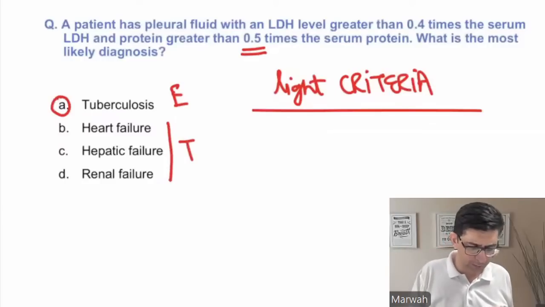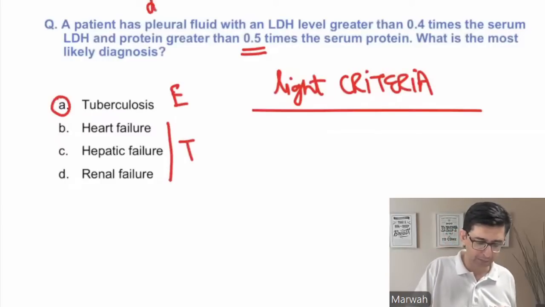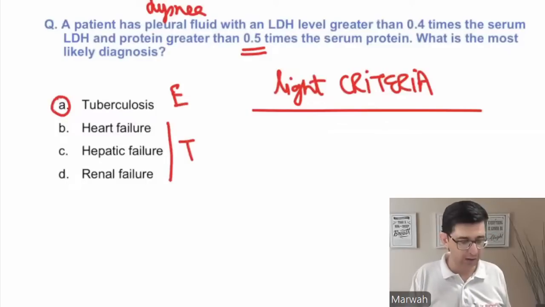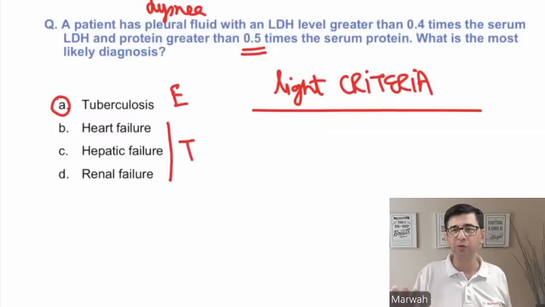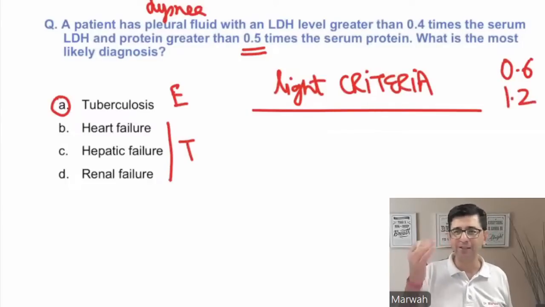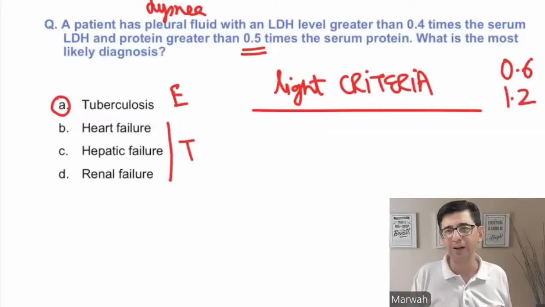0.6 and 1.2. Patient was having dyspnea. Shiv, can you clarify that 1.2, what is the value that you're talking about? That will make diagnosis much easier for me. If you say 0.6 and 1.2, I'm really happy, because I said 0.5 for protein and 0.6 for LDH values.